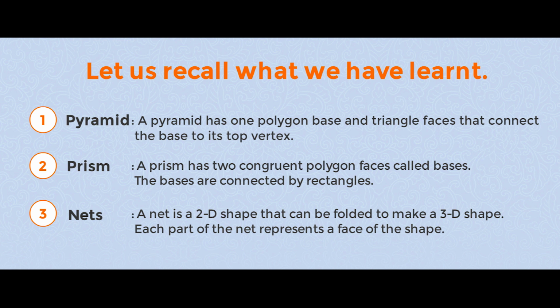The bases are connected by rectangles. Third, we have learned the nets. A net is a 2D shape that can be folded to make a 3D shape. Each part of the net represents a face of the shape.